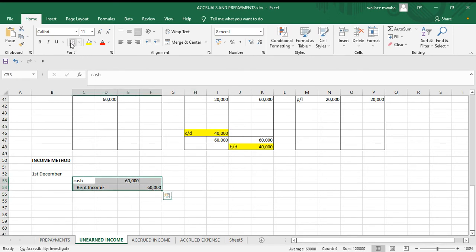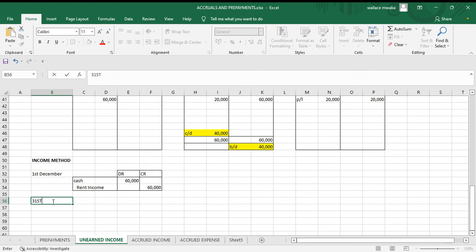Now we're going to make the year-ended adjustment. Let's put this properly here. We're going to make the year-ended adjustment on the 31st of December. We are going to debit the rent income 40,000. Remember this is a revenue account.